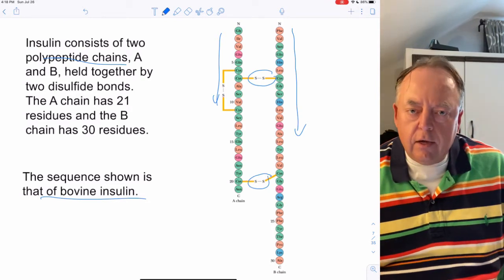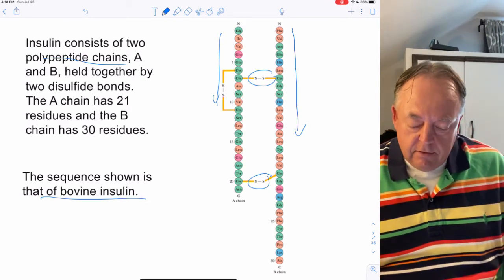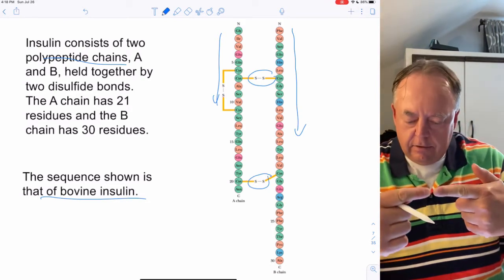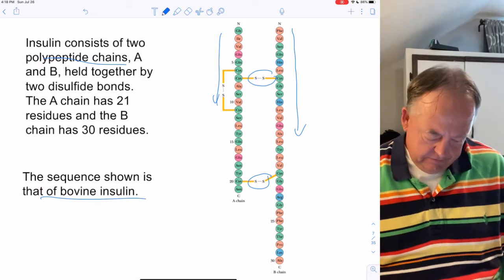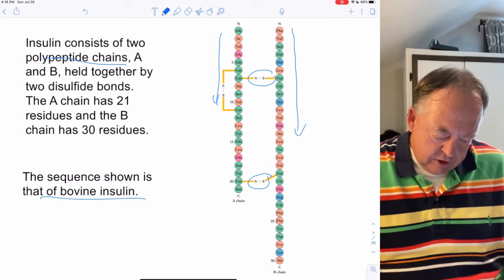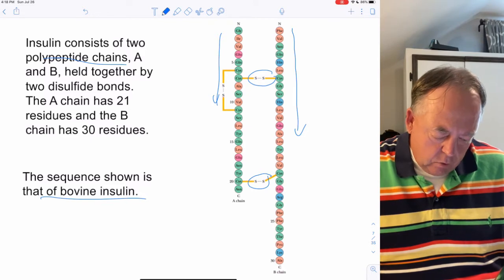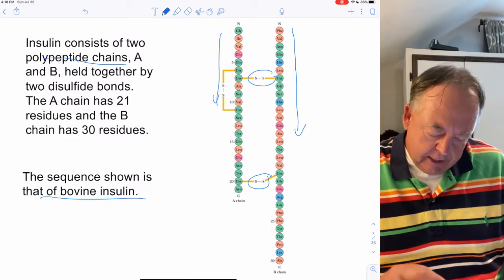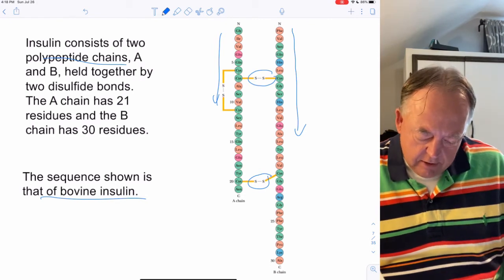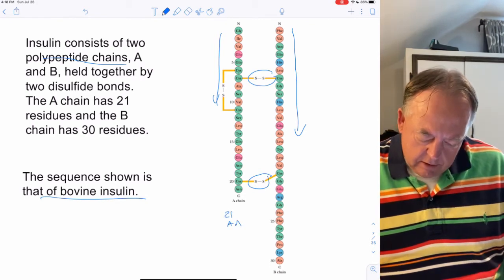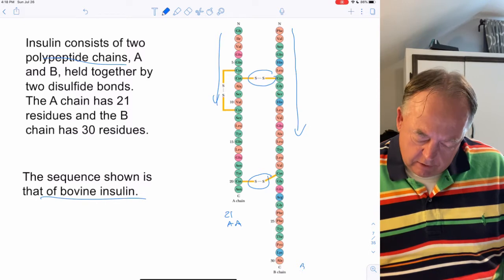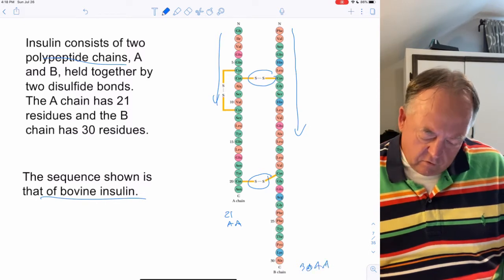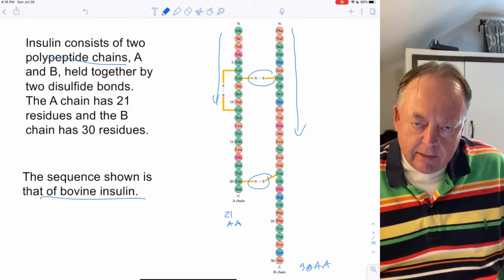That would be 2 cysteine thiol side chains that have oxidized, and now those 2 sulfurs are bonded together. Chain A is 21 amino acid residues, and chain B is 30 amino acids. So overall 51 amino acids makes that protein.